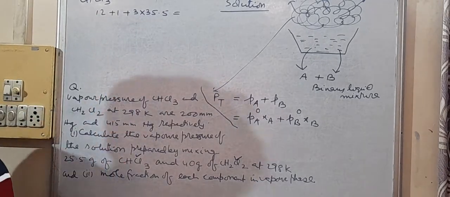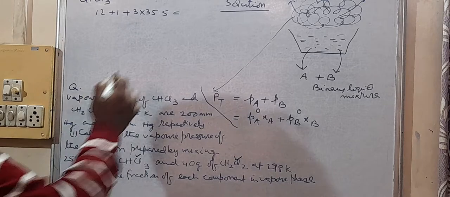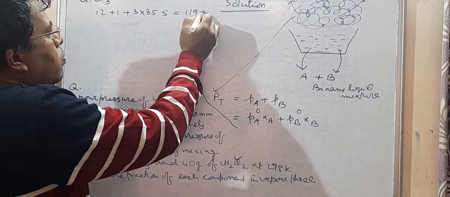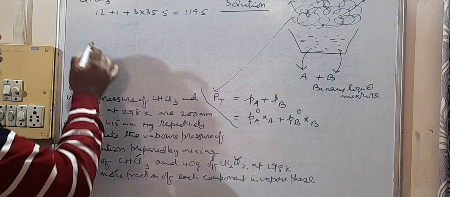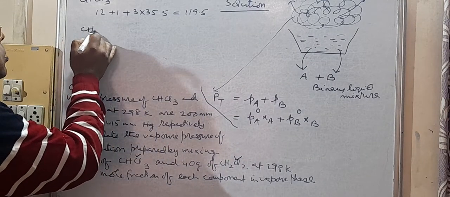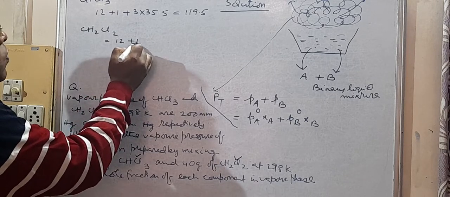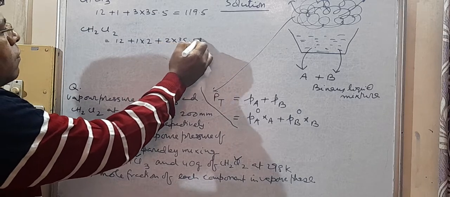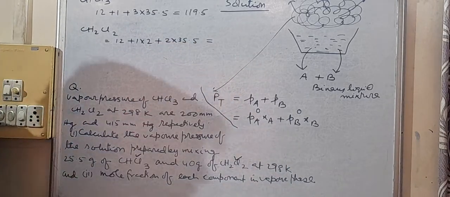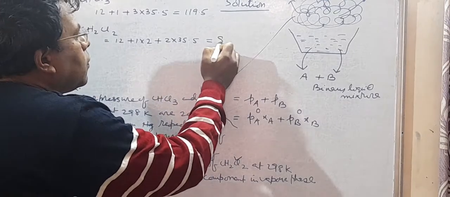This is the molar mass of chloroform, and you will get it to be 119.5. Similarly, the molar mass of CH2Cl2 will be 12 plus 1 into 2 plus 2 into 35.5, and we will get it to be 85.